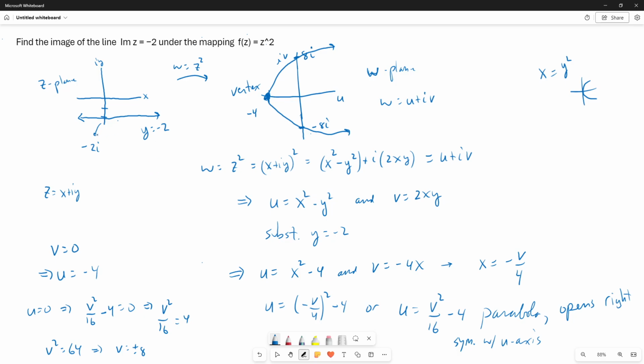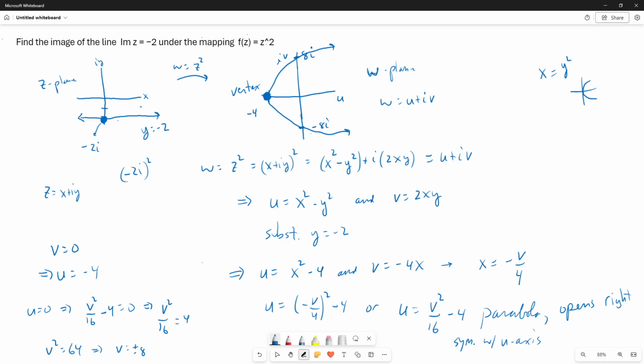More specifically, the point negative 2i here on the imaginary axis, when we square that, negative 2i quantity squared is negative 4. So this point does map to this point here.